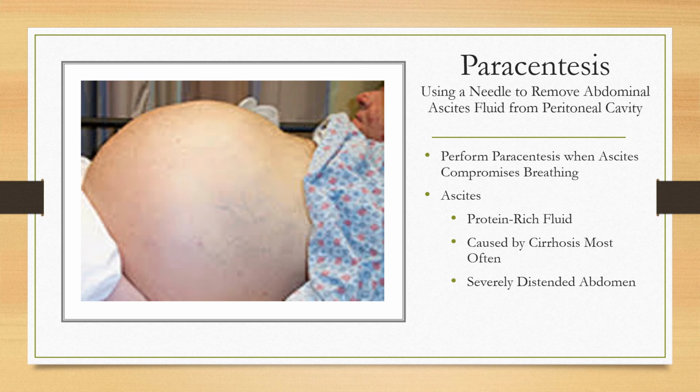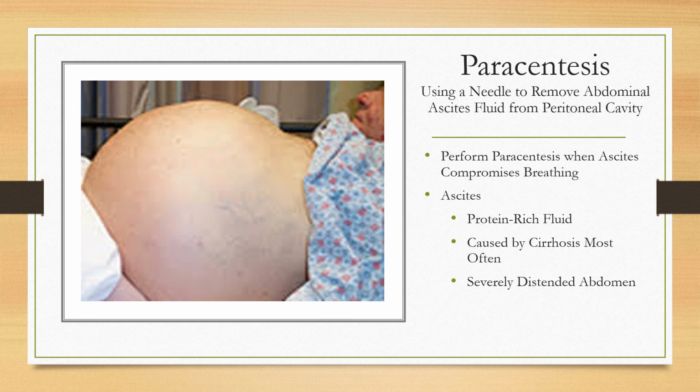Well, anytime you have an invasive procedure in your abdomen, always think of infection. So we put a needle into the peritoneal cavity. There is a risk of introducing bacteria. It's a low risk since it's a sterile procedure. Okay, but we always tell them to monitor for fevers.